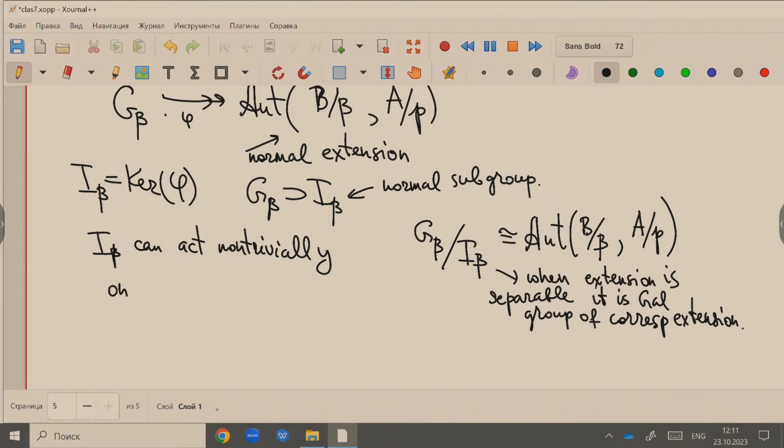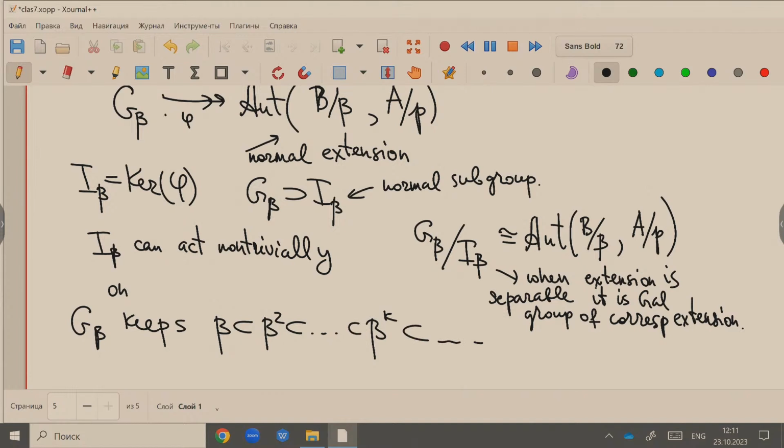Of course, G beta keeps beta squared, all powers of beta. G beta keeps the series beta, beta squared, beta k.